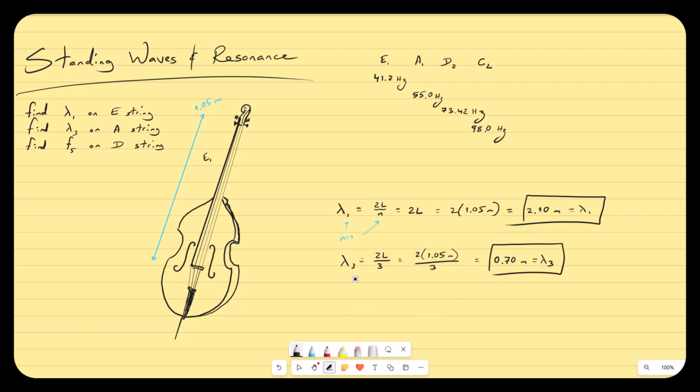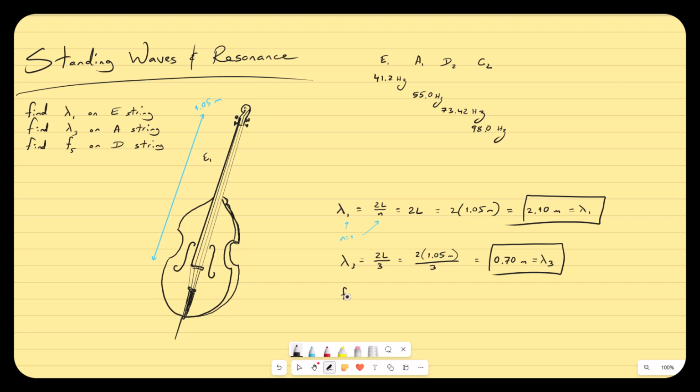If I were to find the N equals 1 wavelength on the A string, because the length of the string is the same, it's going to be the same wavelength. So the frequency is going to depend on something else, and we'll get back to that in just a moment.